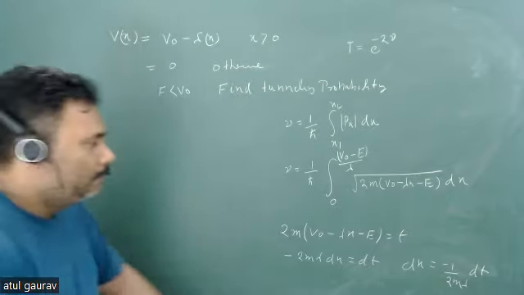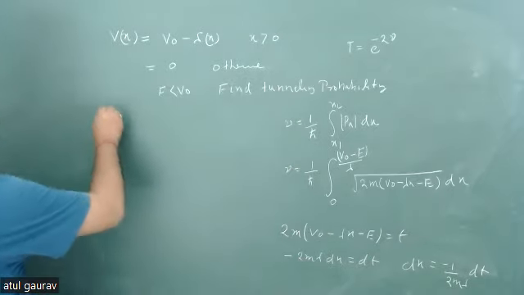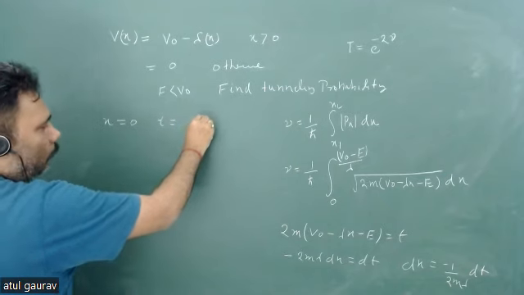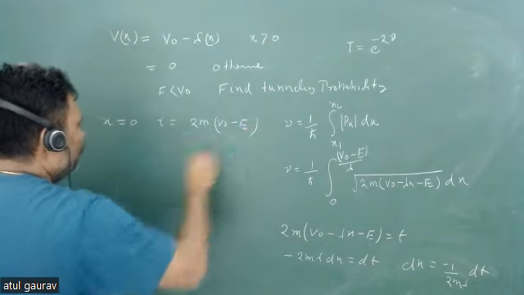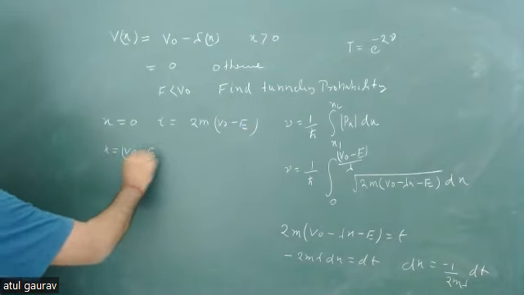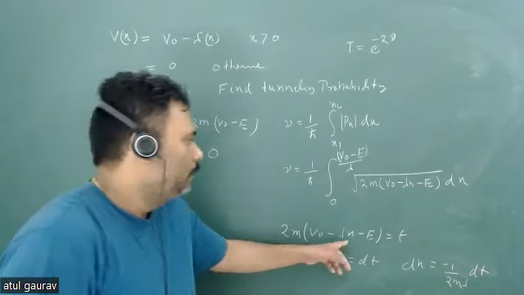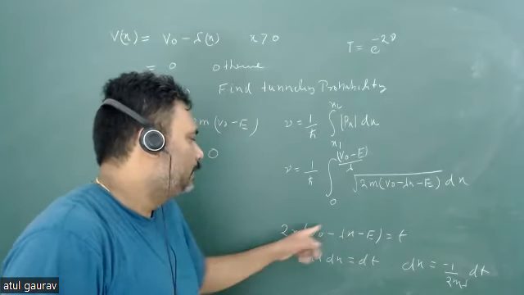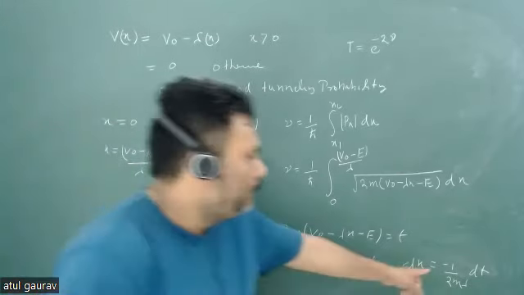So at x is equal to 0, t is equal to 2m(V naught minus E), and at x is equal to (V naught minus E) by lambda, t is equal to 0. जरा put करो, (V naught minus E) by lambda, lambda cancel, so everything is cancelled out, so that will be 0, and hence this negative sign.